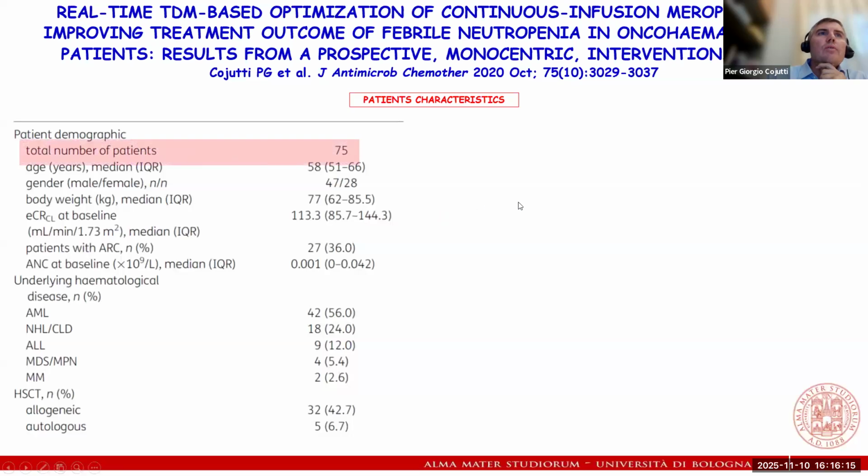And so, to give you some proof of efficacy of continuous infusion in a hematological patient with febrile neutropenia, some years ago we conducted a monocentric experience on 75 patients.